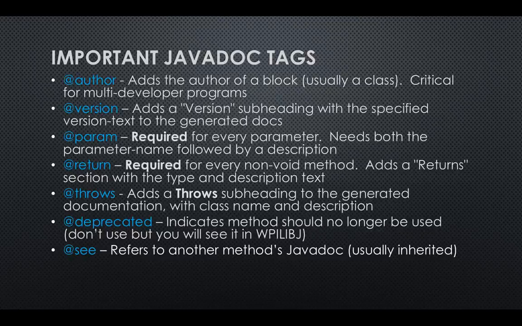So let's look at the important Javadoc tags. There's probably 40 or 50 tags defined, but we're not going to use all of them in our FRC programming. Some of the more important ones, @author, that adds an author block into the HTML. Usually you put that in your class comment. It's critical if you have multi-developer programs.